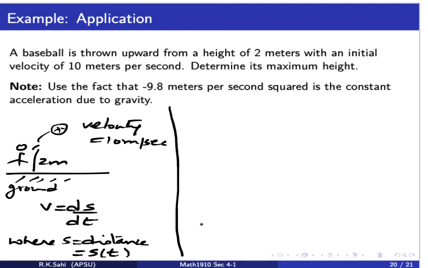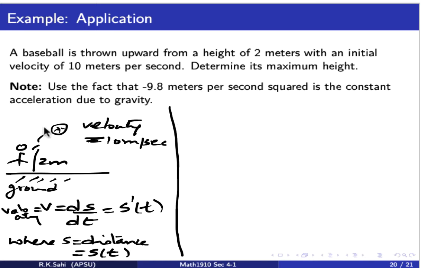After some time we have covered a distance, so s is a function of time. We can also write this as s prime of t. Many ways of writing it down. This is velocity, guys, and we are given the velocity is 10 meters per second.